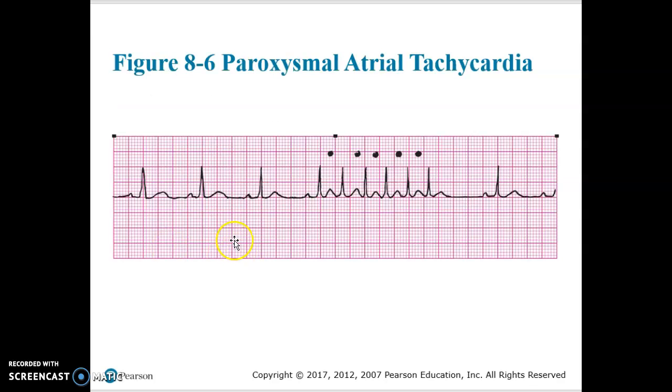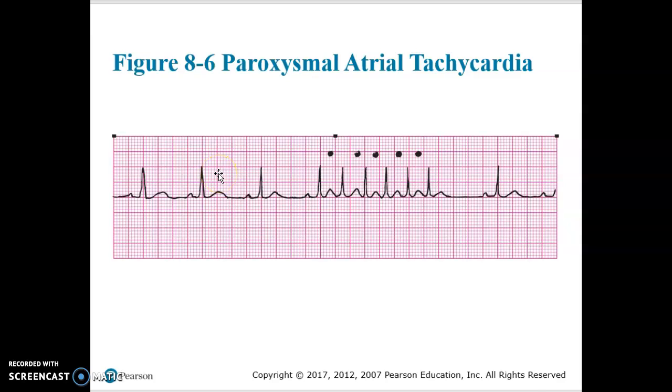So let's take a look at this. We've got to go through the 5 questions of diagnosing a strip. Anytime a strip comes up on the screen, you ask yourself those series of questions, okay? So question number 1, QRS complexes. Do we have QRS complexes? QRS complexes are present. They're all the same shape, okay? So we do have QRS complexes, and they look normal.